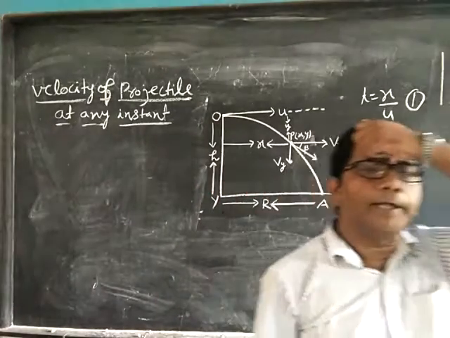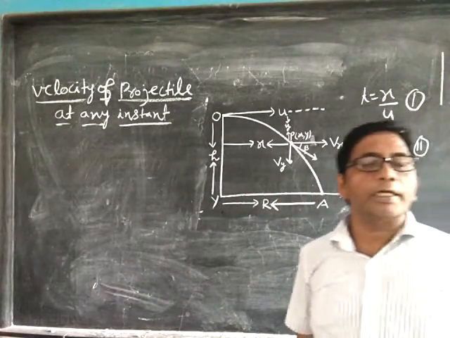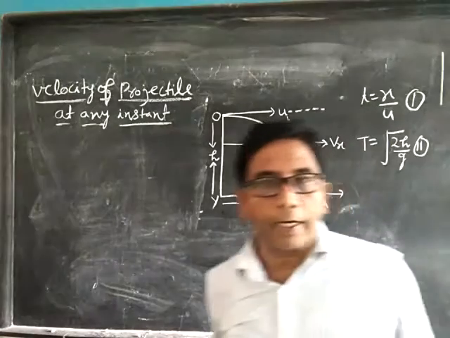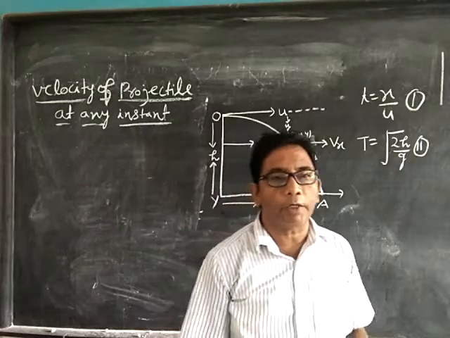We know that at any instant velocity has two rectangular components.